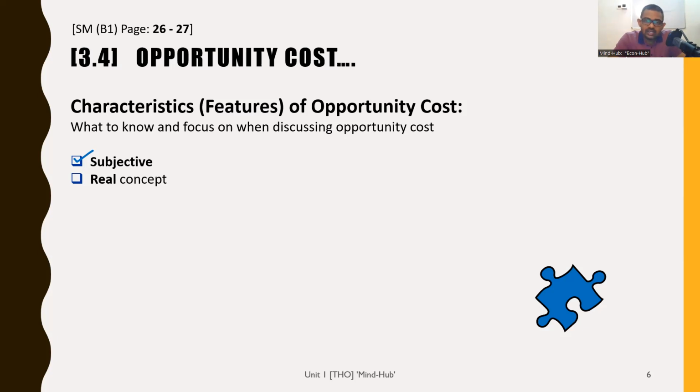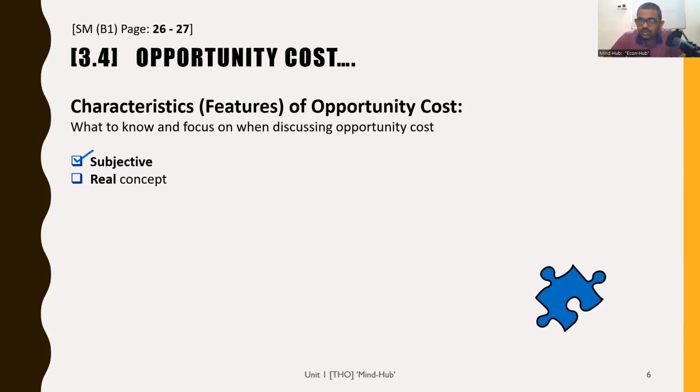Someone could answer by saying it is whatever the next best combination of a food item and a drink A could have bought for 150 rupees.